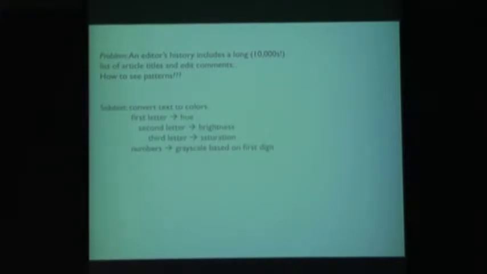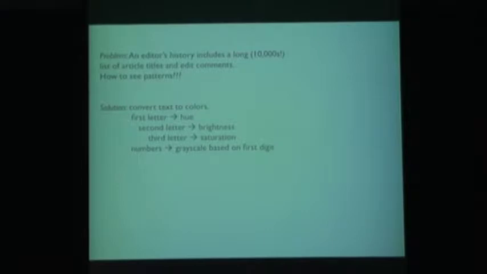So our solution was to turn text into color, okay? What we did is we looked at the first few letters of the title of the article a person was touching. So if the article was called Brazil, we were looking at B-R-A. We would assign a hue to the first letter, the brightness to the second letter, and the saturation to the third letter.